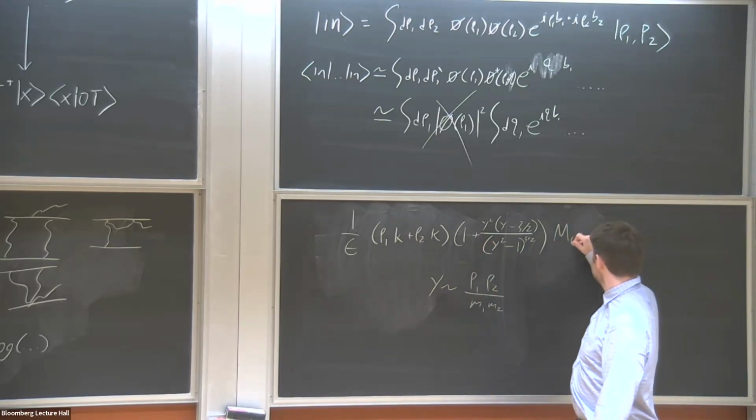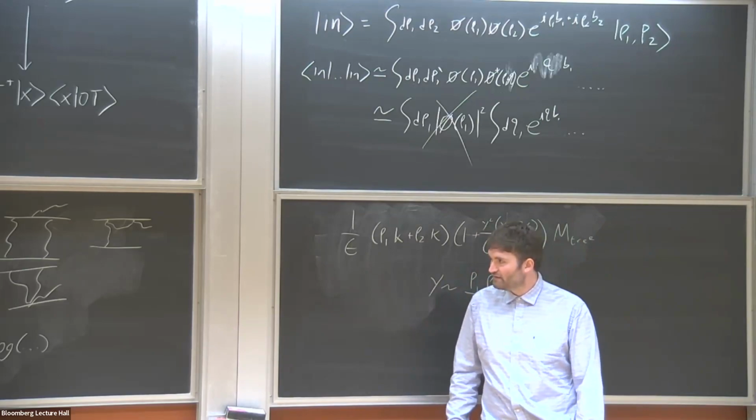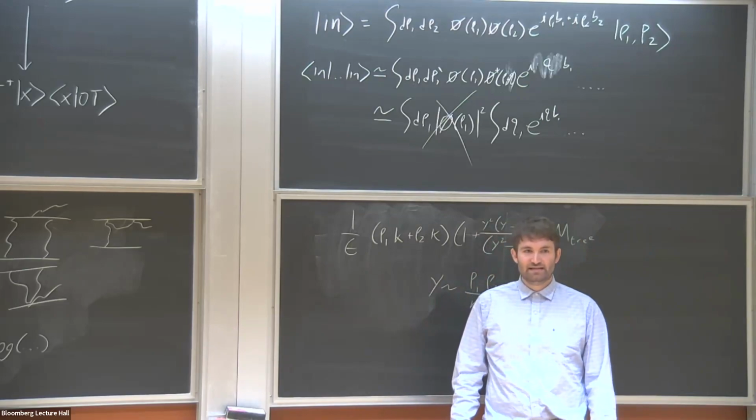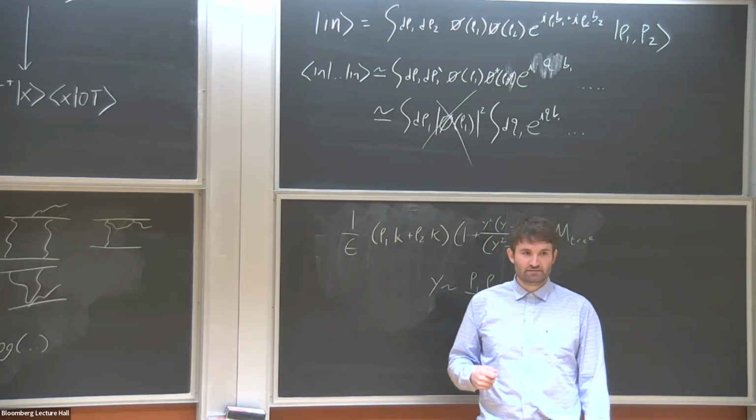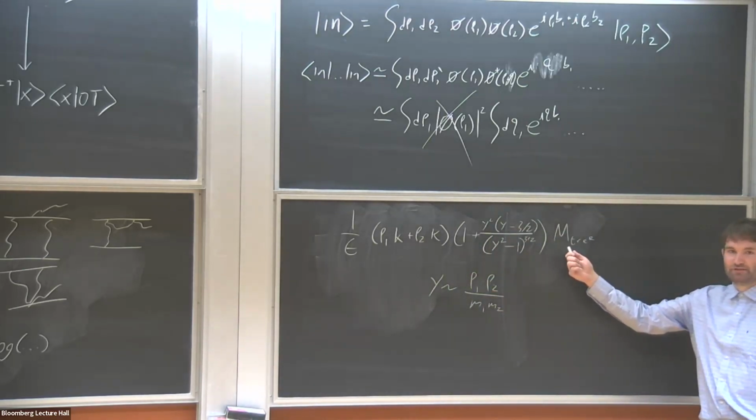However, something that has been known for a while to amplitudologists is that IR divergences exponentiate. You notice that this IR divergence is proportional to M tree.